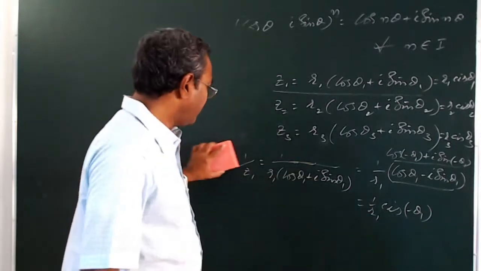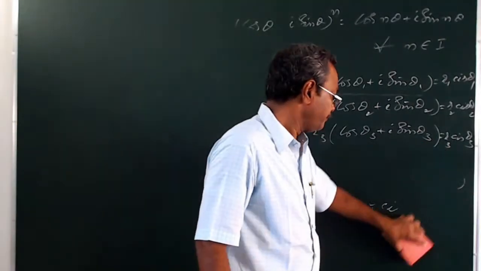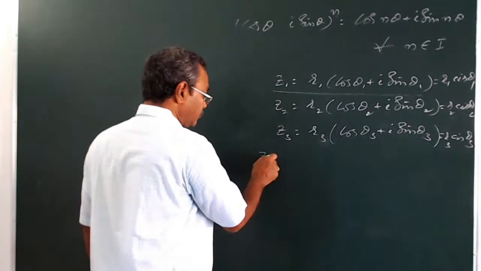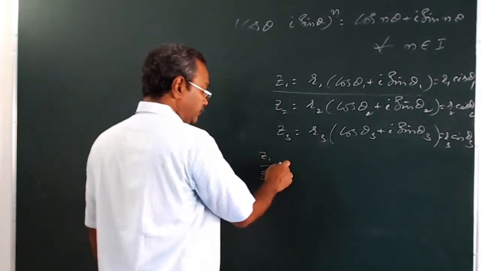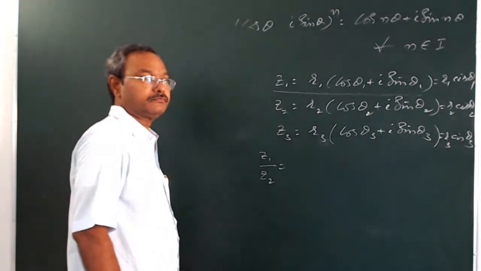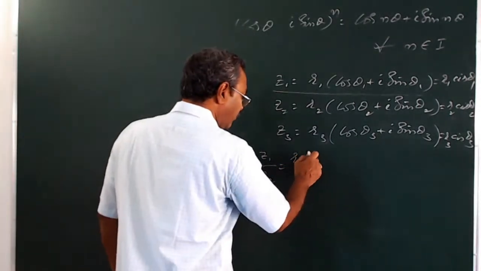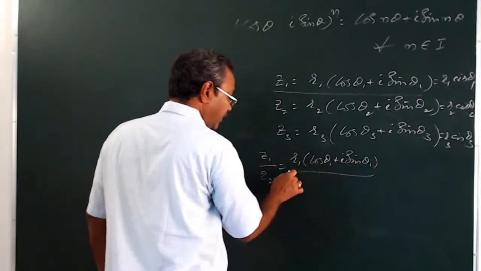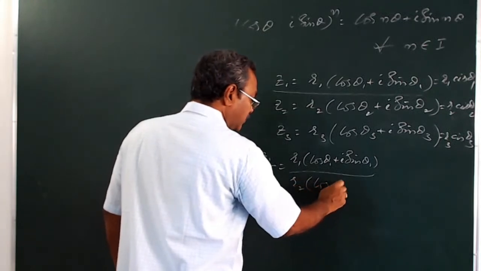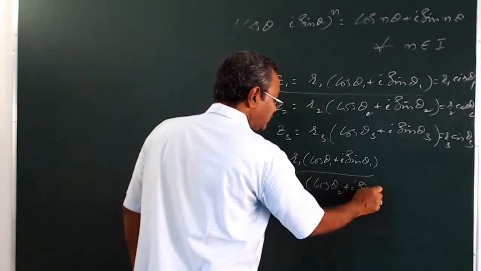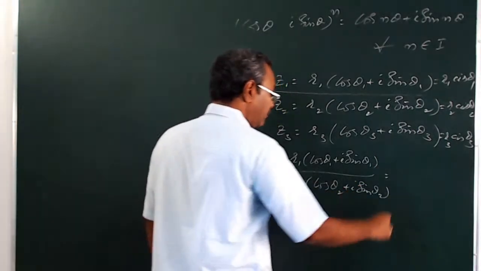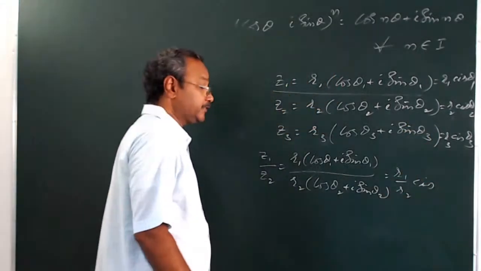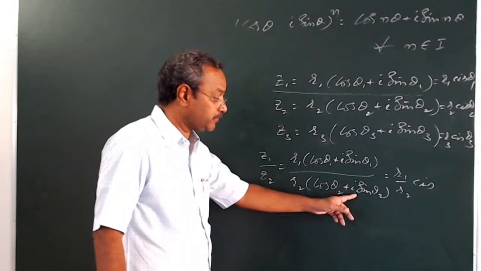Previously, you have seen what is the product of complex numbers. Now, what is the quotient of two complex numbers, which is Z1 by Z2? The answer is pretty simple. This is R1 into (cos theta 1 plus i sin theta 1) divided by R2 into (cos theta 2 plus i sin theta 2), which is R1 by R2 into cis theta 1, and this is cis minus theta 2.